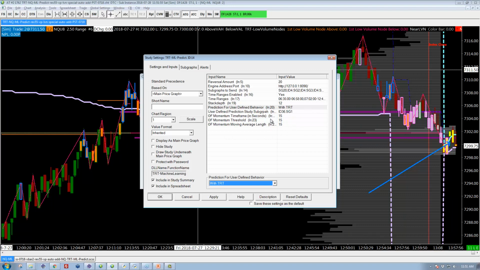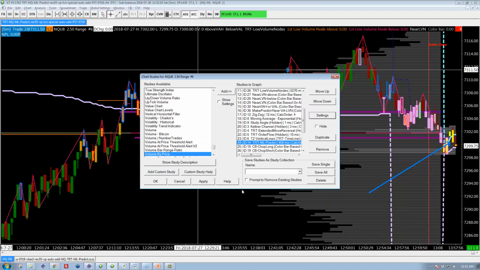It works. It's been working because I customized the server to do it, but to make it generic for everybody, we have to change this study to add this option here, and it's not working correctly. So I got to get the programmer to fix that.